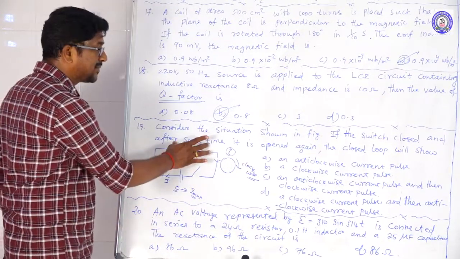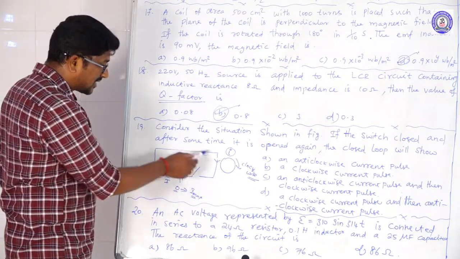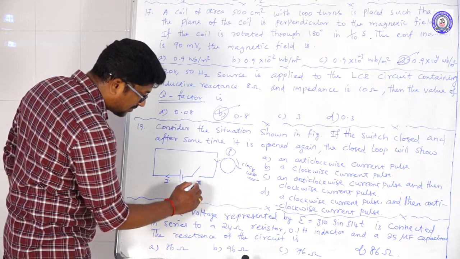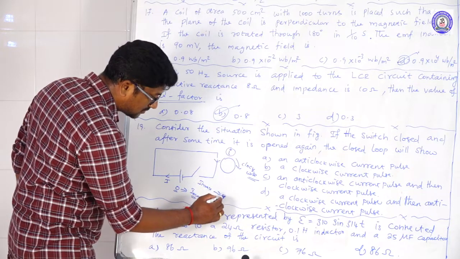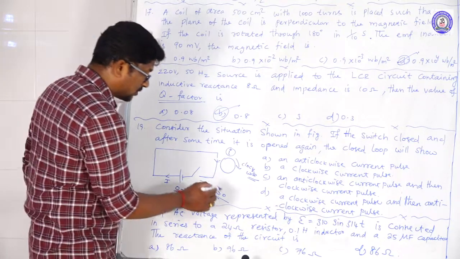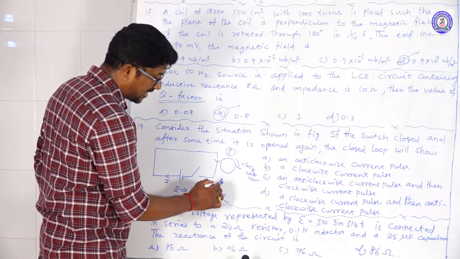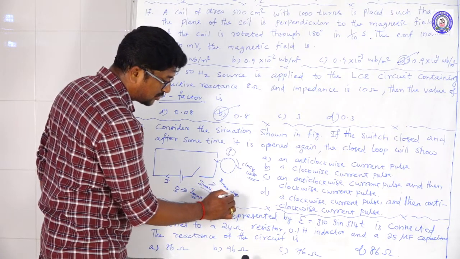Right. After some time, the switch is opened. If the switch is open, the current flowing through the circuit changes from maximum to 0. So the magnetic flux linked with the closed loop also changes from maximum to 0.